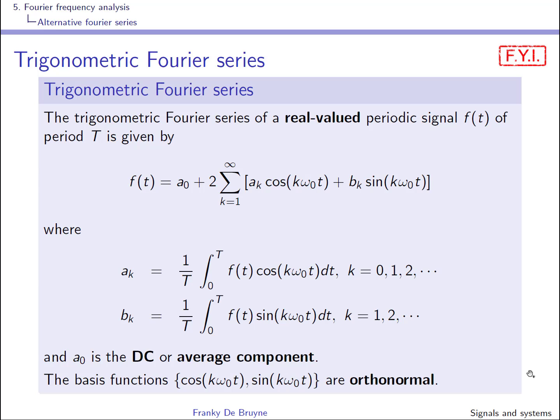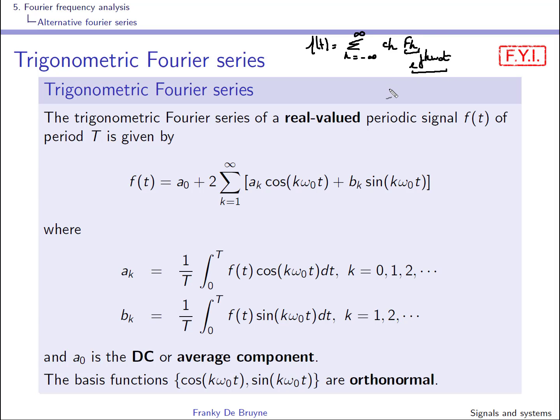So this slide is for your information only. What we have used as a Fourier series in this course is the following decomposition of f of t. It's a sum that goes from minus infinity to infinity of ck f_k, and f_k is the corresponding function in the Fourier basis, right?